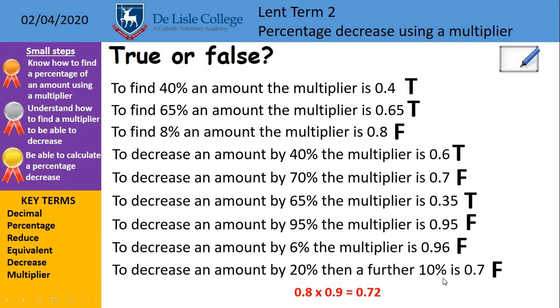Then a further 10%, we start with 100%, we subtract off 10%, which is 90%, change this to a decimal, which would be 0.9. If we multiply these two together, we then get 0.72. So actually, to decrease an amount by 20%, then a further 10%, the decimal multiplier would be 0.72.